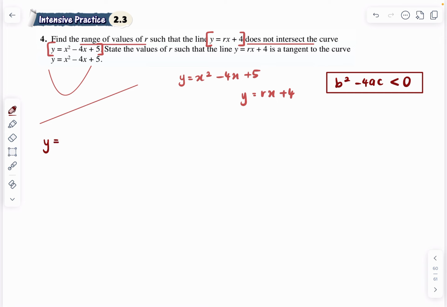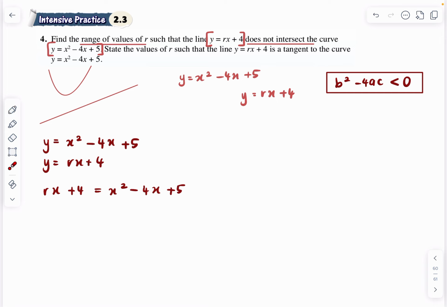So y equals x squared minus 4x plus 5 and y equals rx plus 4. So you can use simultaneous equations. Since y equals this and y equals that, you can say rx plus 4 equals x squared minus 4x plus 5.